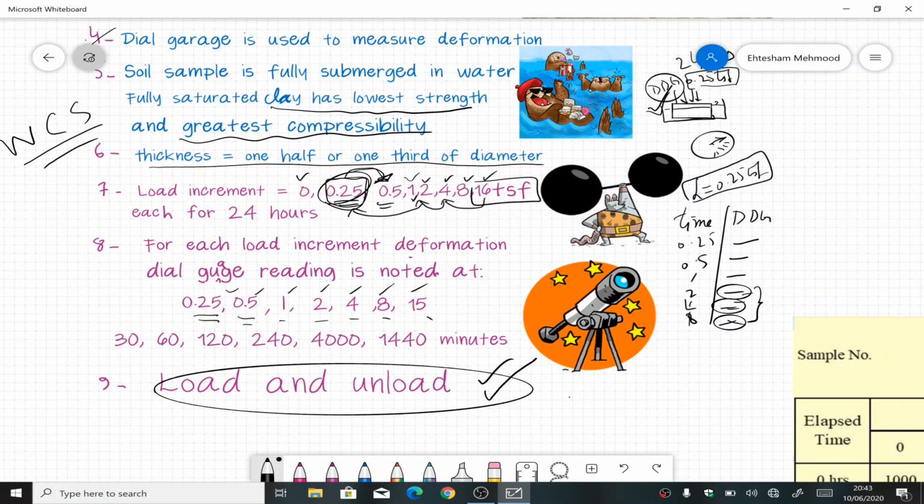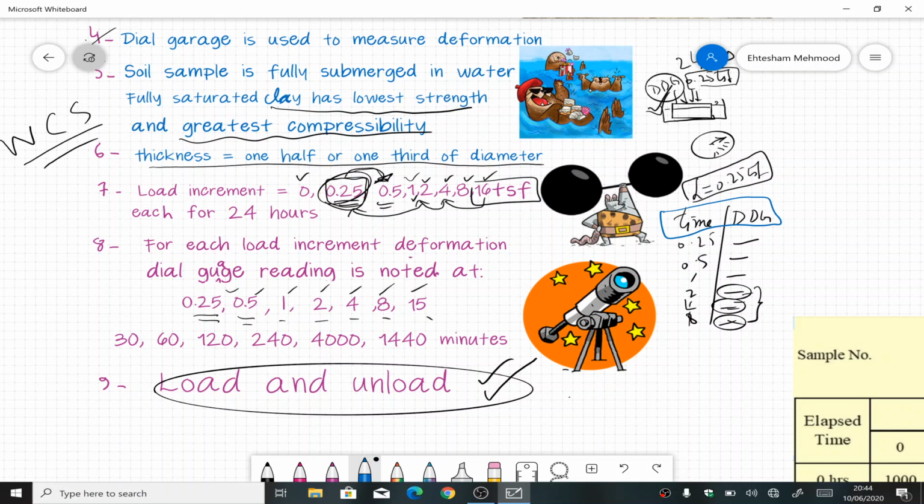One thing more before we move to the calculations: for each load, please remember that we have to note down a set of readings, that is time versus deformation dial gauge.